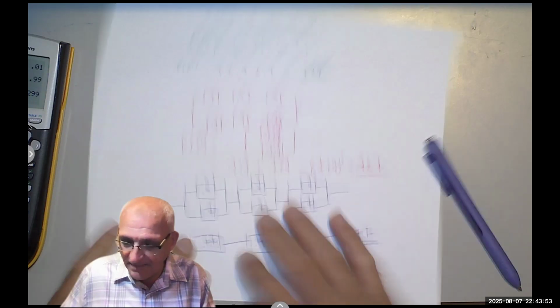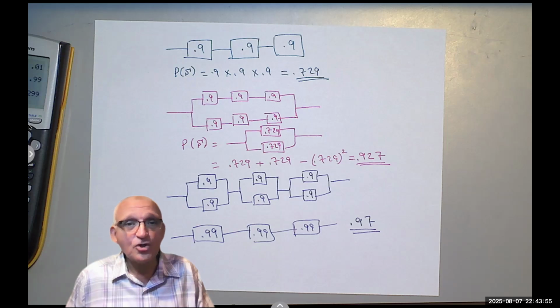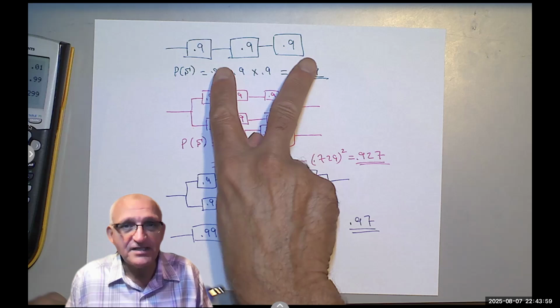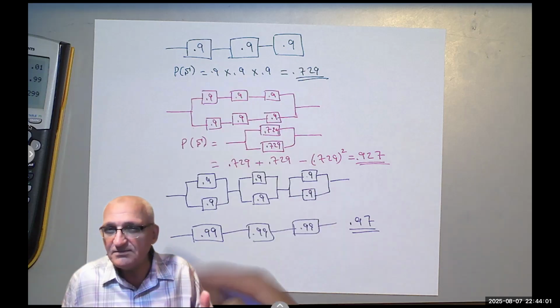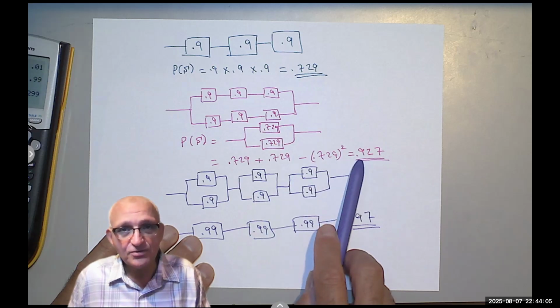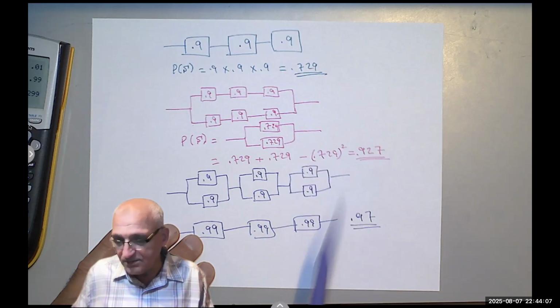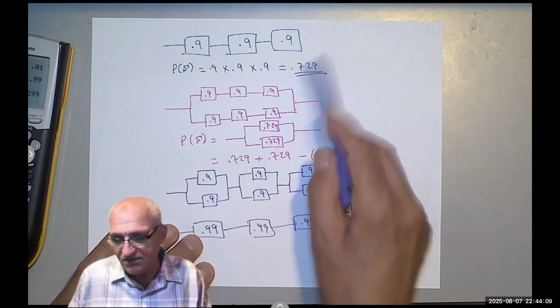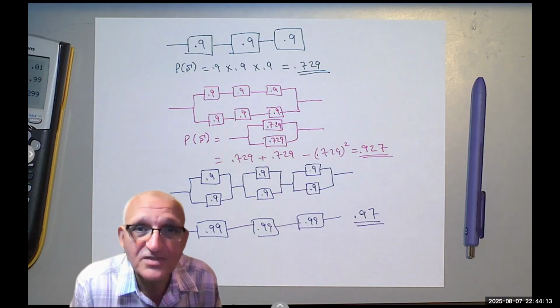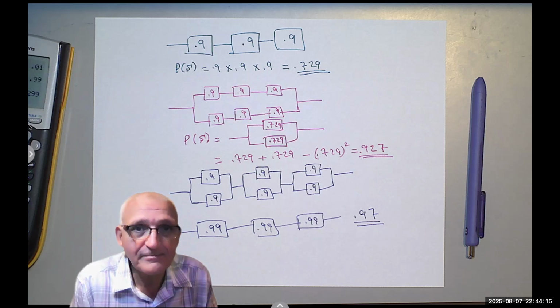So I made the system more robust, right? By doubling the price, but if I didn't pay attention, I may increase it from 73 to 92, while I was able to increase it from 73 to 97.